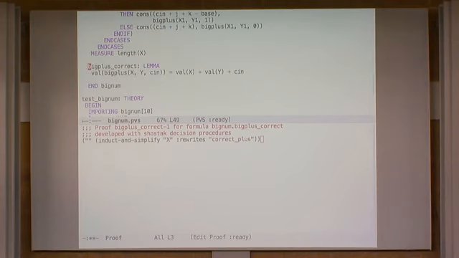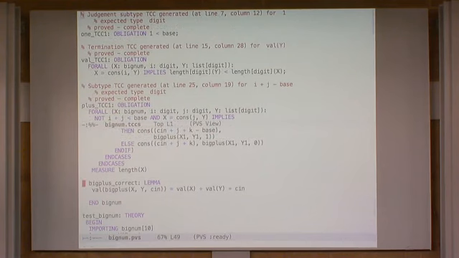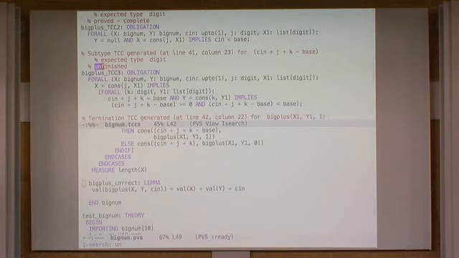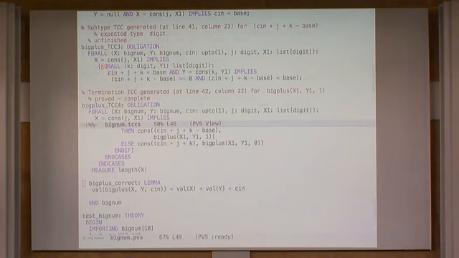And if you look at the TCCs, you'll see what those are. If you look at this unfinished one, it complains that I can't show that this thing minus base is greater than or equal to 0. Indeed, you shouldn't be able to do that.